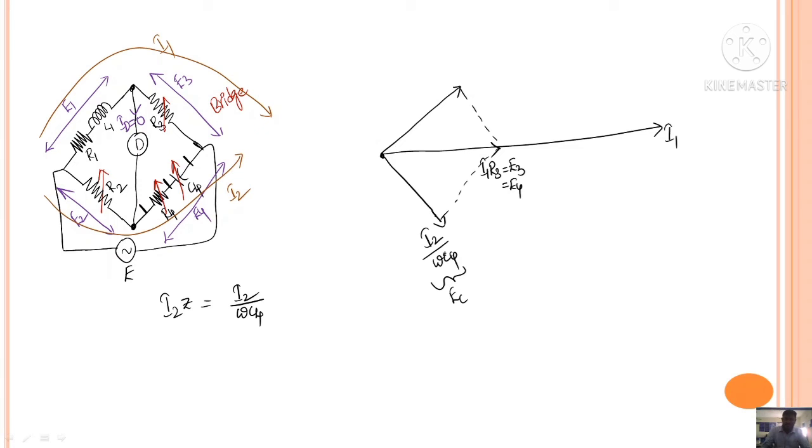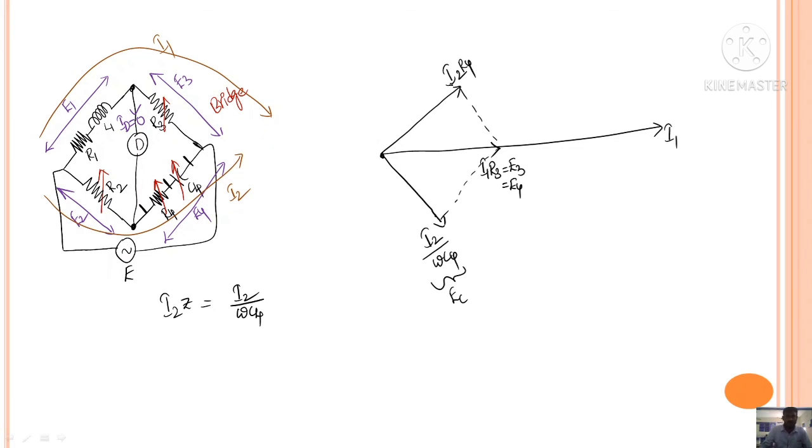So if it is EC, here you will have the current. So I can consider this as I2 into R4. So I2 into R4 and I2 by omega C4, the resultant of these two phasors is E3. Now it is okay.